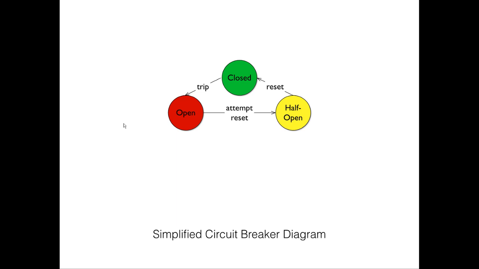So this is a very simplified circuit breaker diagram. What we're looking at here is, if you wrap, let's just use the term wrap, an external service call in a circuit breaker, the circuit breaker is now monitoring certain performance characteristics of those calls.